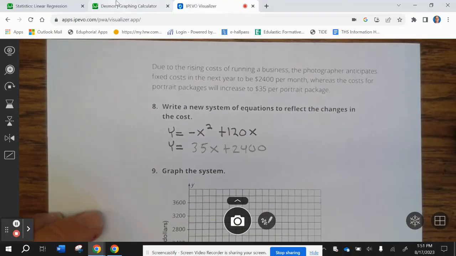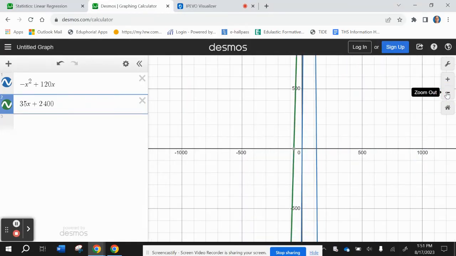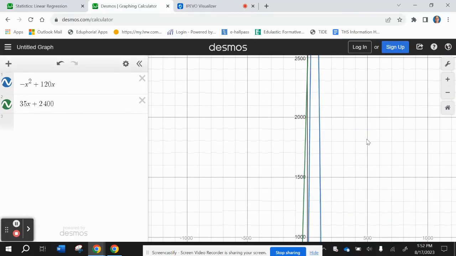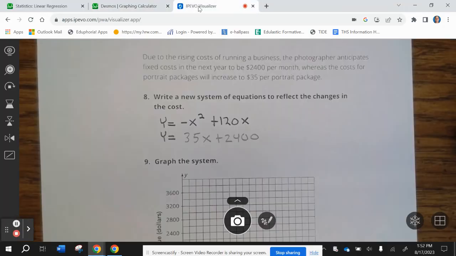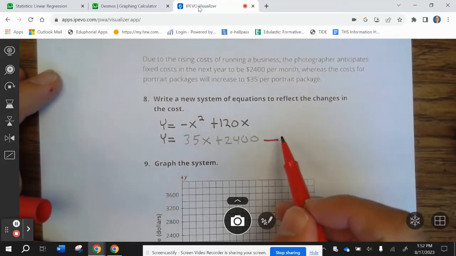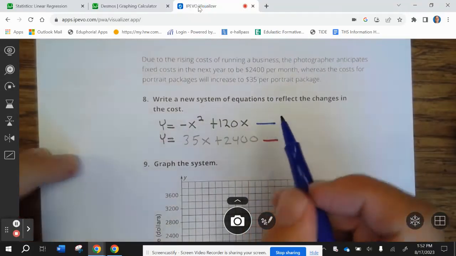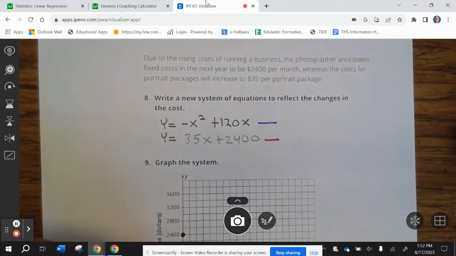Okay, so we can keep this graph, but now it's 3,500 and 2,400. Okay, so I'm going to zoom out, and we're looking for good points for the line. So 0, 2,400 is a good point, so we'll use that. And this will be in red, and this will be in blue. So 0, 2,400, and we need to find another point on that line.